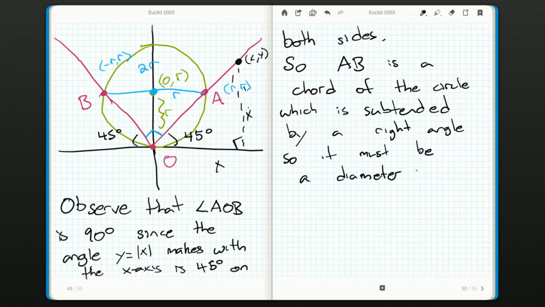If you've got a right angle triangle and all 3 points lie on a circle, then the hypotenuse has to be the diameter. And if you're looking at a triangle and all 3 points are on the circle, and one of the lengths happens to be a diameter, you know that that's going to be a right angle triangle. It's a back and forth statement, and it's incredibly useful. Okay.